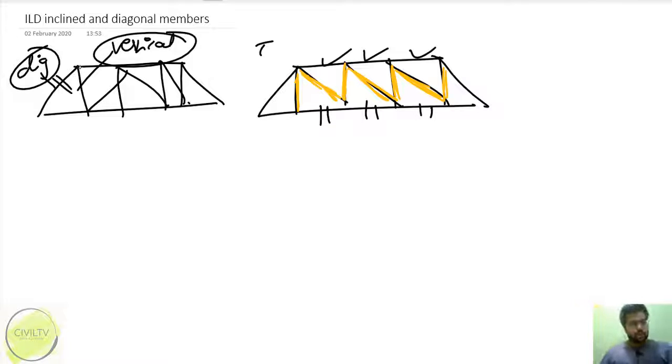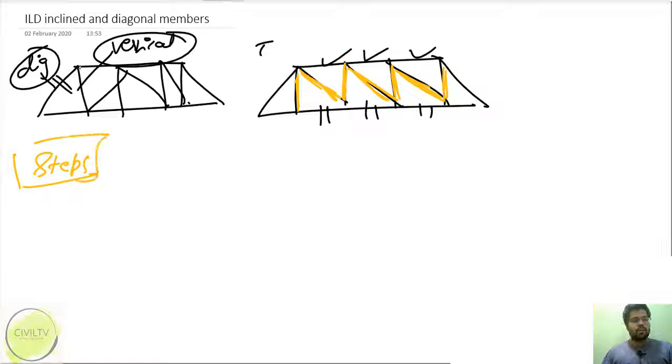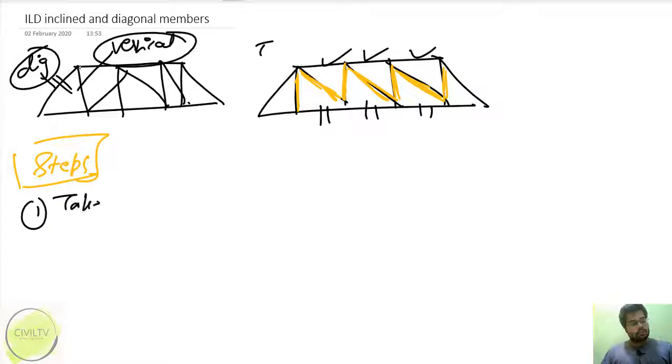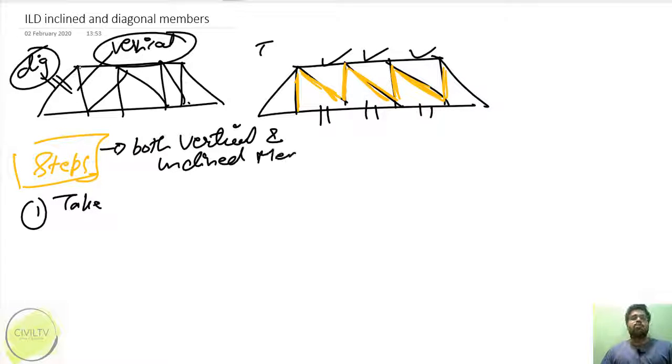There are some steps to it. Let's see what it is. First, I'll take a section for both vertical and inclined members. It's almost one and the same thing.